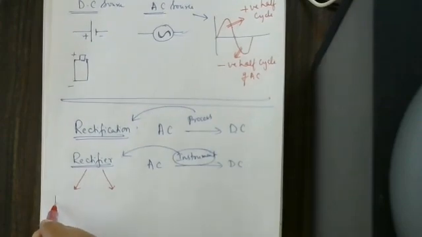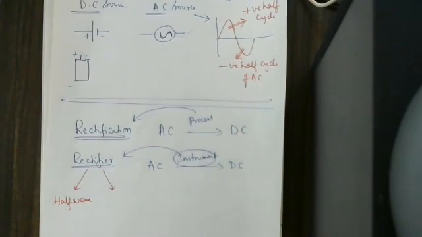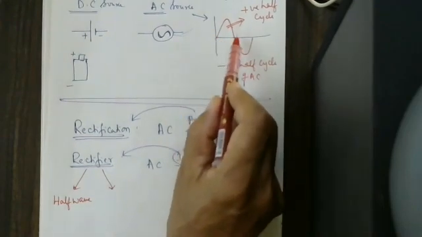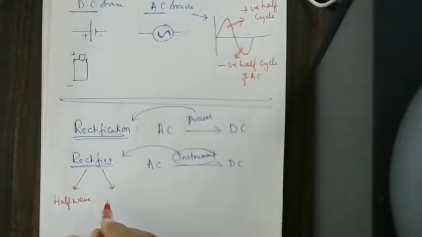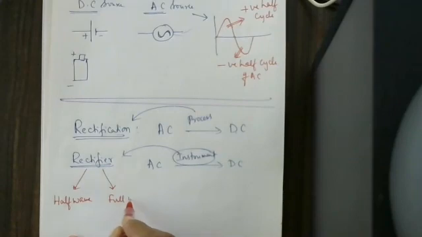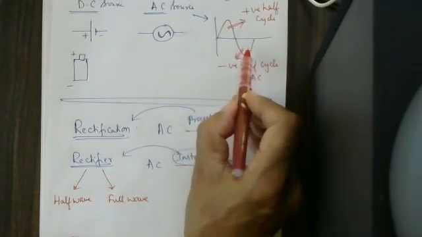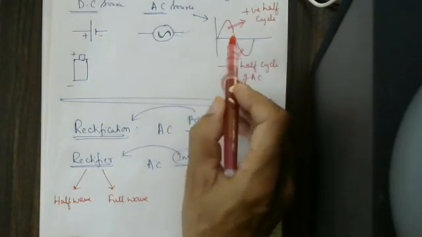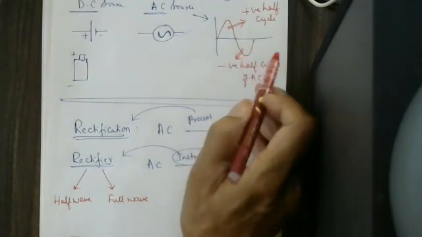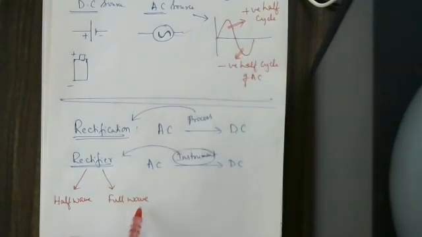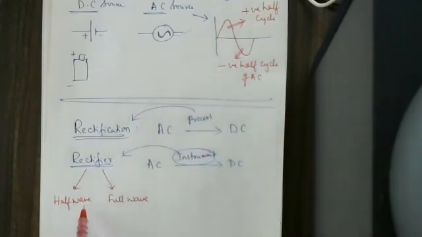One is the half wave rectifier, where only the positive half cycle is converted into DC. The next is the full wave rectifier, where the whole cycle, both positive and negative half cycles, is converted into DC.